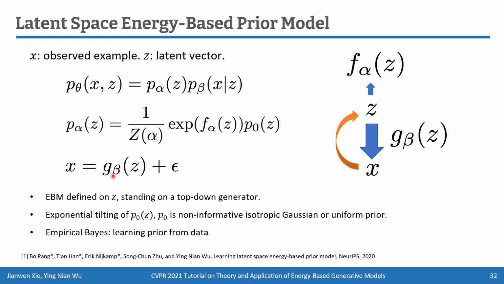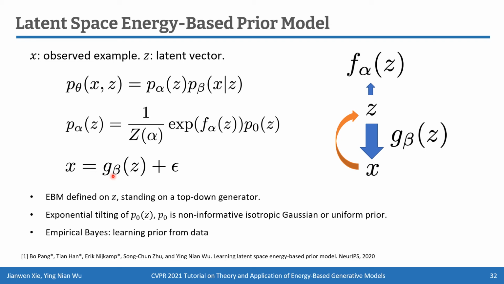In fact, the prior model P of alpha is an exponential tilting of the original non-informative prior. So this follows the so-called empirical Bayes principle, where we can also learn the prior distribution from the data empirically.